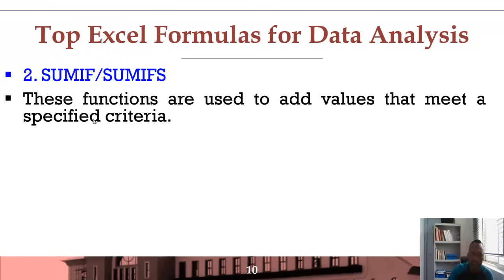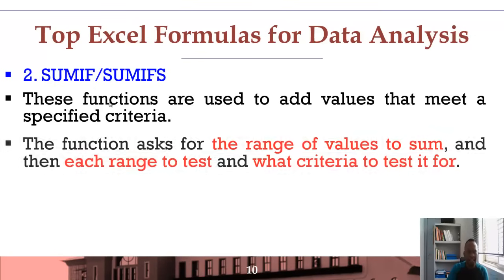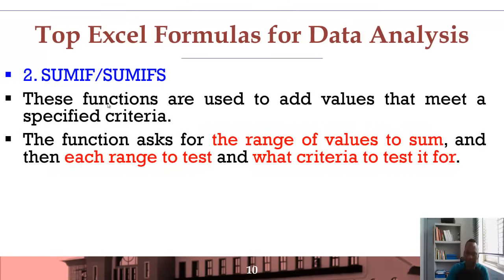So now these functions are used to add values that meet a specified criteria. The function asks for the range of values to sum, and then each range to test, and what criteria to test it for. That is, whenever we want to use SUMIF or SUMIFS, we always want to add the content of a particular column based on certain criteria or condition that has been met.